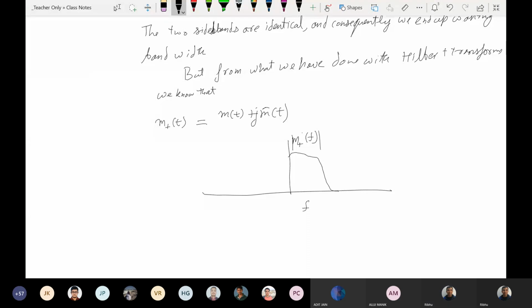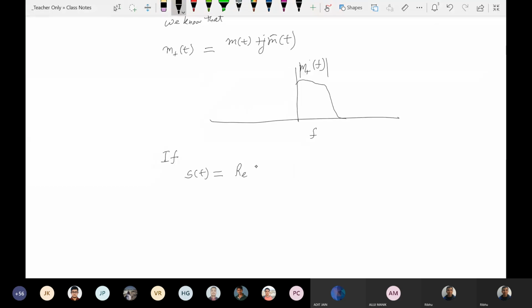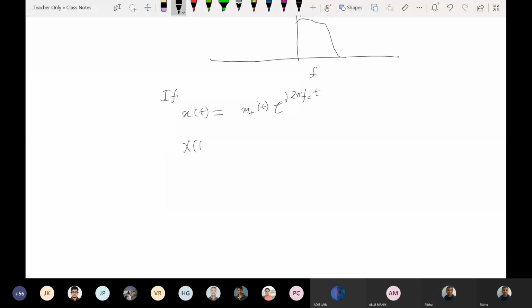Now, if x(t) equals this, then X(f), or the magnitude spectrum of X(f), this will be the magnitude spectrum of X(f).